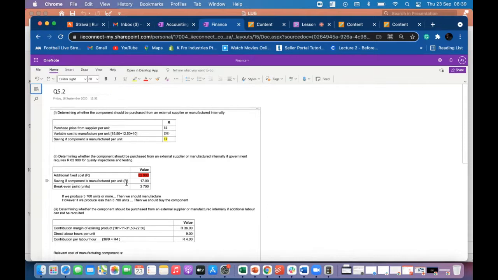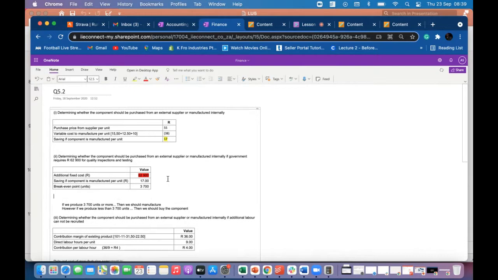And then remember the break-even formula is fixed costs divided by your selling price minus your variable cost. Okay, so this is basically, I'm going to highlight it in yellow now, your marginal income.